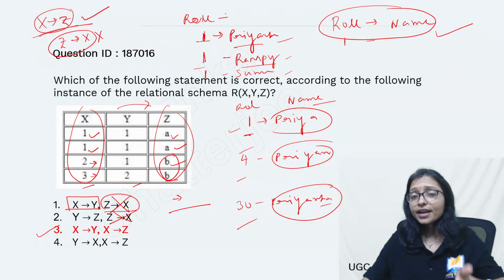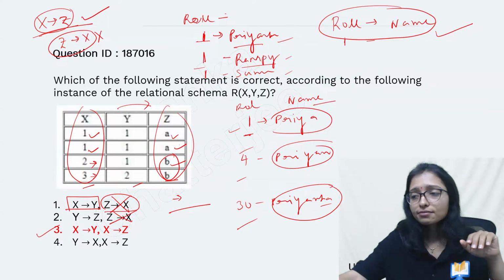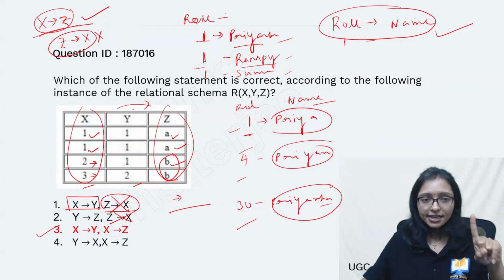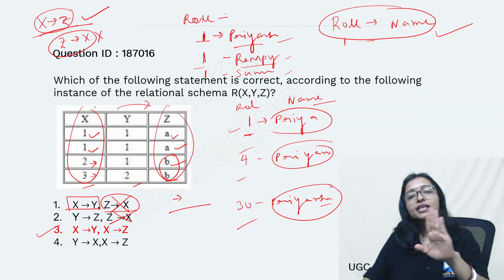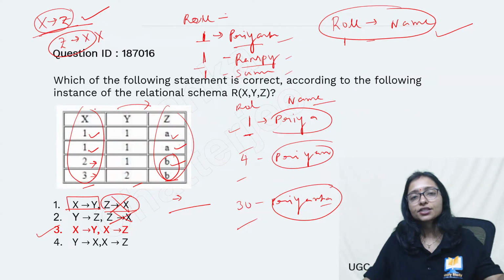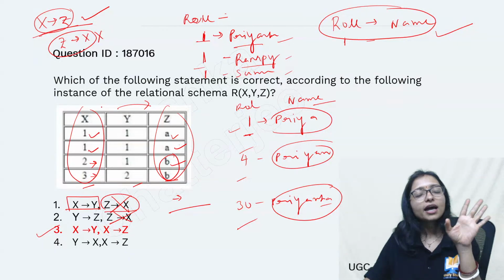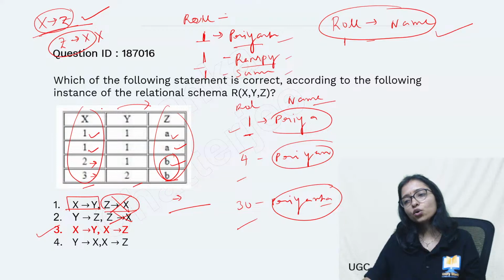Right? So what is the trick I am telling you? Check the left hand side. In the left hand side, if there is no duplicate, if there are all different elements, then no problem, definitely it will hold.